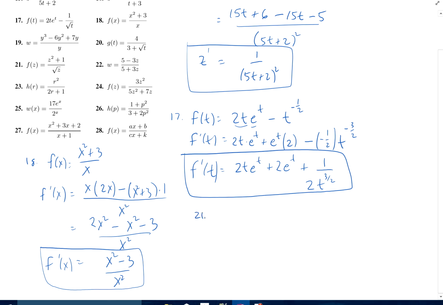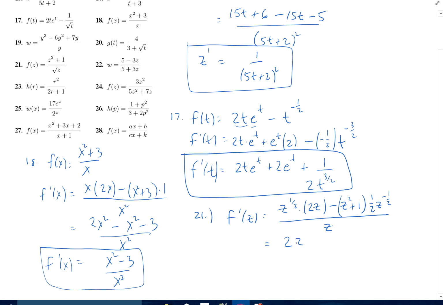21. F prime of z is the bottom. So I'm going to write it like z to the 1/2 times the derivative of the top, 2z, minus the top, z squared plus 1, times the derivative of the bottom, 1/2 z to the negative 1/2, all over the bottom squared, z. Okay, doesn't look that pretty, but let's go ahead and multiply it out.